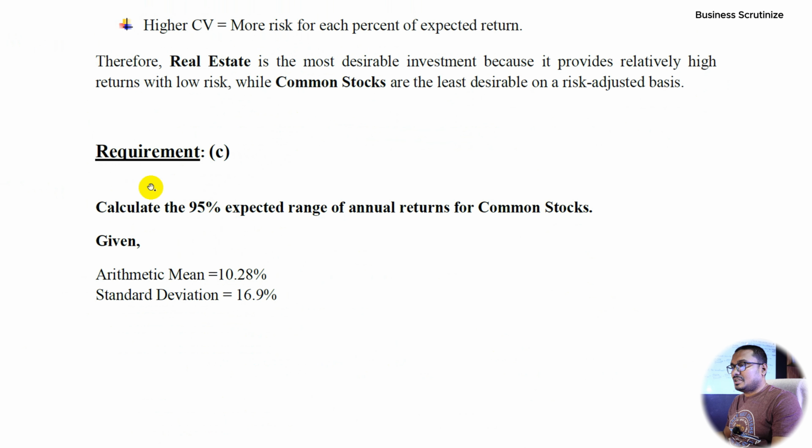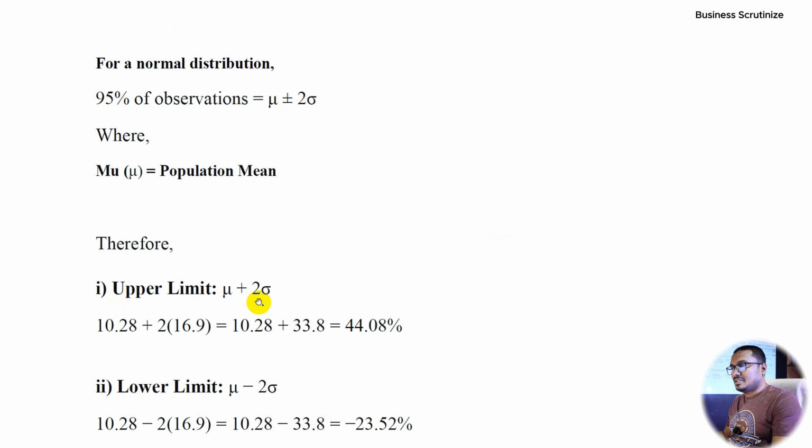For C, calculate the 95% expected range of annual returns for common stocks. We have given arithmetic mean 10.28% and standard deviation 16.9%. Therefore, for a normal distribution, for 95% of observations, the formula is the population mean, symbolically written as mu, plus or minus 2 times the standard deviation.